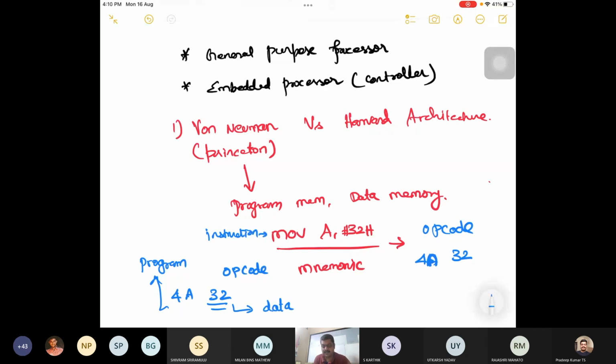Now this is one instruction. How many T states might this take? You might have studied T states; T states mean time states. Move A will take one state, and moving the value 32 to it another state, so two T states. Sometimes register operations will take three T states, sometimes only one. For example XRA A: XOR the content of A with itself, which means you are clearing the accumulator. One method is CLR A, that is, clear the accumulator.